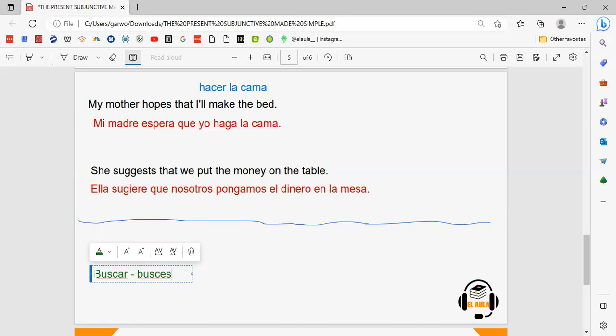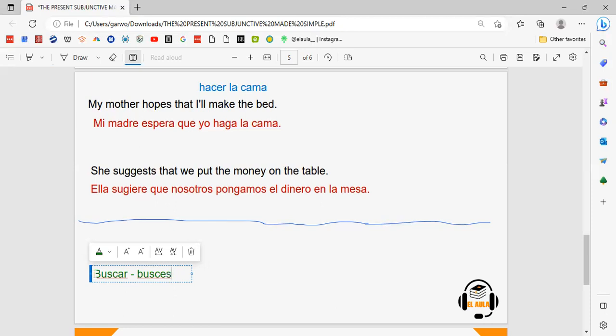This is what you'd get. However, there's a significant difference between how the infinitive form of the verb would sound and how this form would sound. So buscar, you have this hard C sound, right?